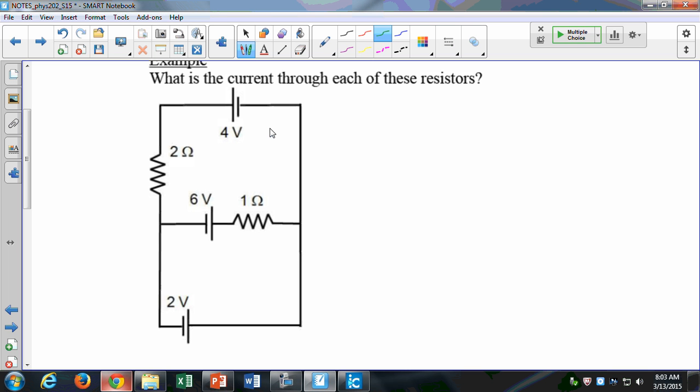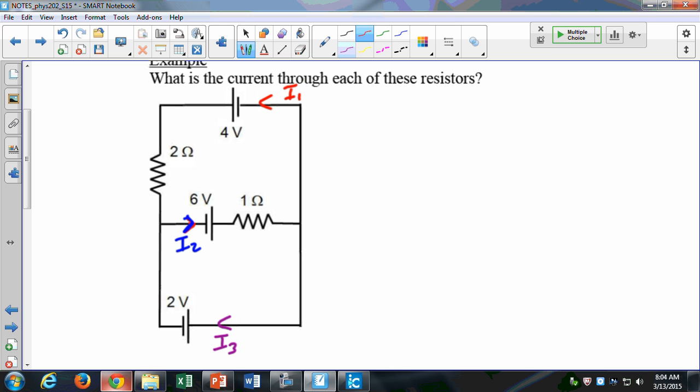I'm going to choose I1 to be right here, I2 to be right here and in that direction, and then I3 to be in that direction.